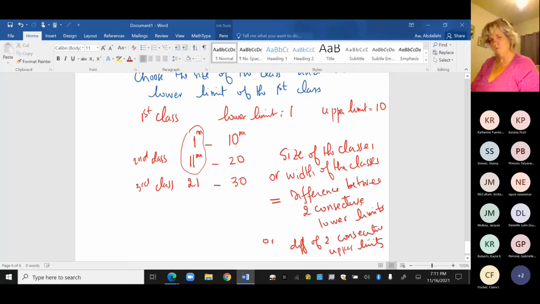Okay, that is what you call the width of the class, or the size of the class. It is the difference between 2 consecutive lower limits or 2 consecutive upper limits, right?